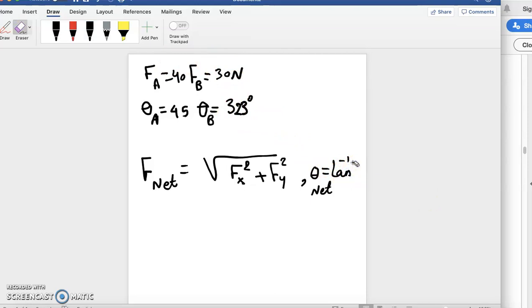Okay, back to the pen. Tan inverse of Fy divided by Fx. So our main problem becomes to figure out what is F sub x and what F sub y.